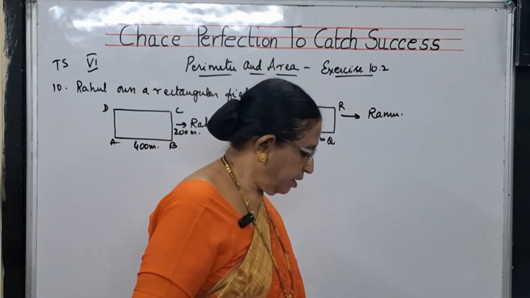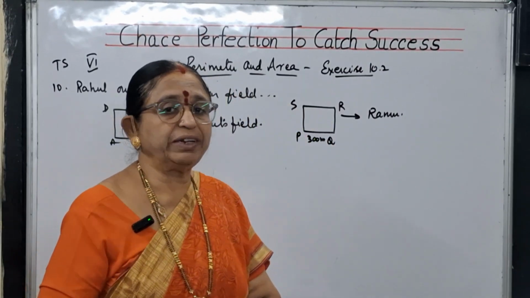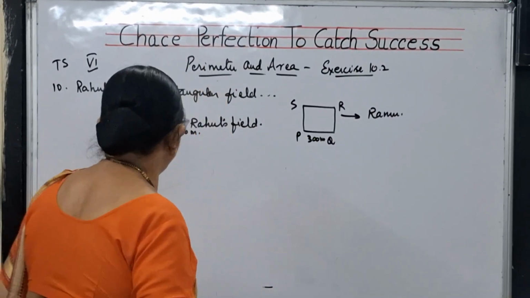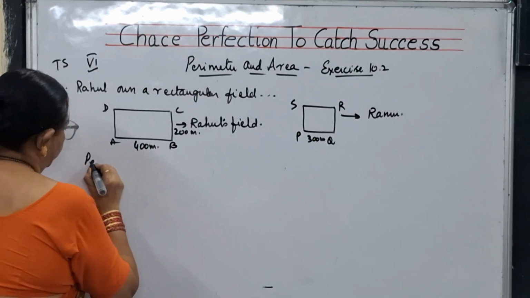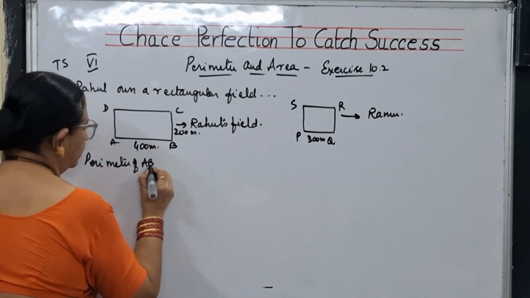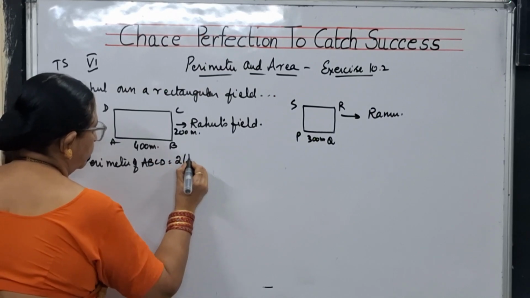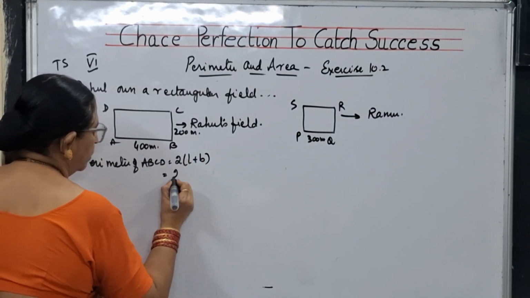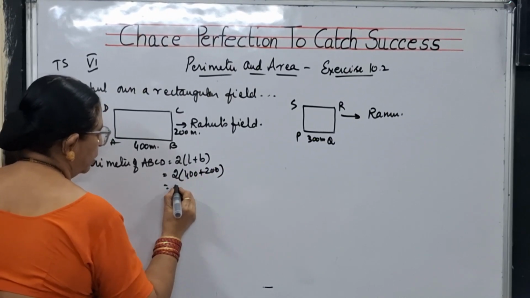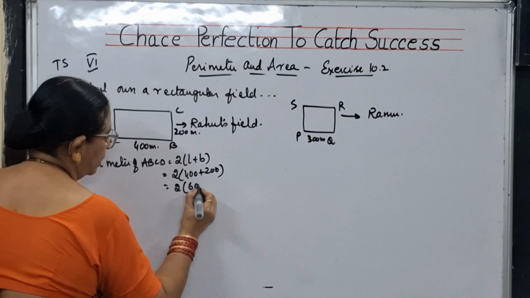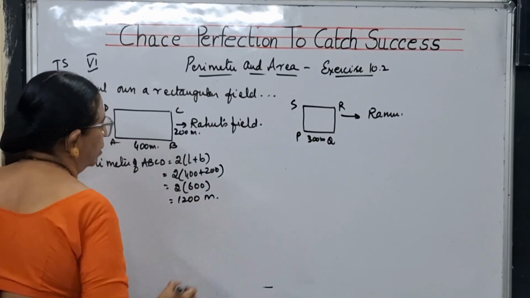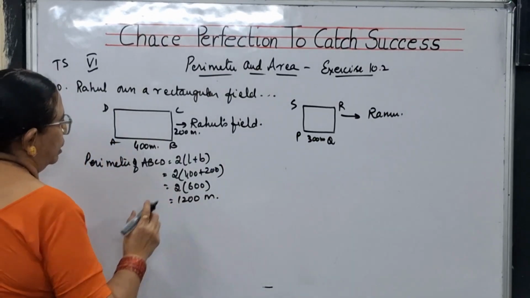Now the question is, you have to find out the cost of fencing. Fencing means you should know the surroundings. That means you have to find out the perimeter. First you have to find out the perimeter of ABCD. It is a rectangle. So 2 into L plus B, 2 into 400 plus 200, 2 into 600, 1200 meters is the perimeter of ABCD.